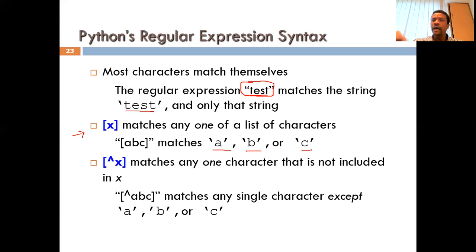And whenever you need an exclusive list, you add the caret within the square bracket. Whenever you put the caret, it means anything except this. So for instance, if I have this, what does it mean?